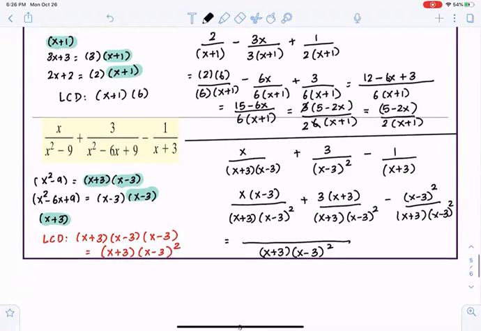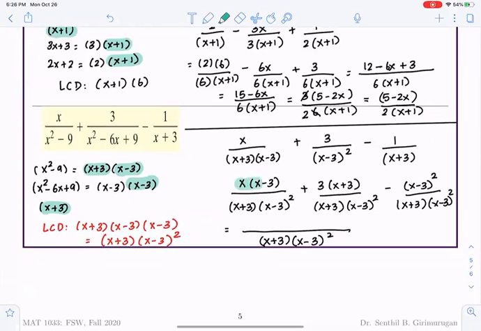First numerator is x times x minus 3. I can distribute the x because I'm trying to simplify at the same time. So x squared minus 3x. I can distribute the 3 in the next numerator. So I have 3x plus 9.